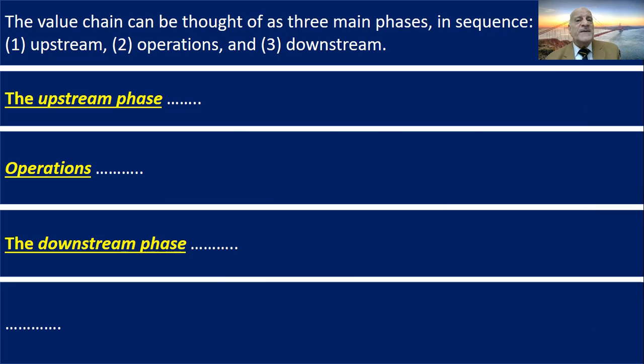Some have referred to the analysis of the upstream phase as supply chain, and to the analysis of the downstream phase as customer relationship management.